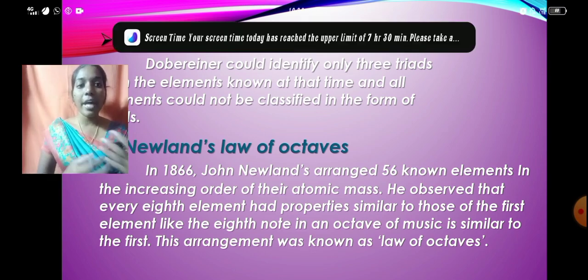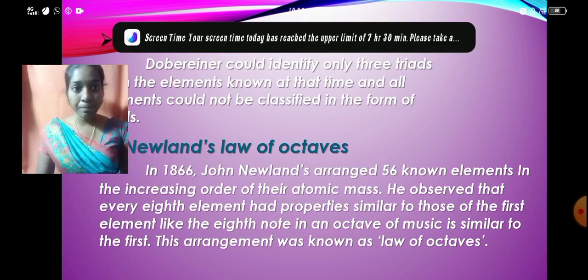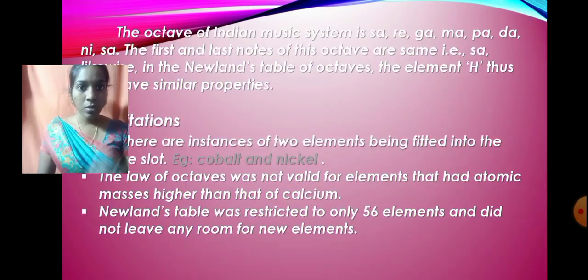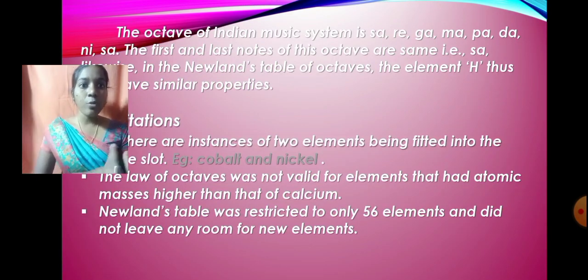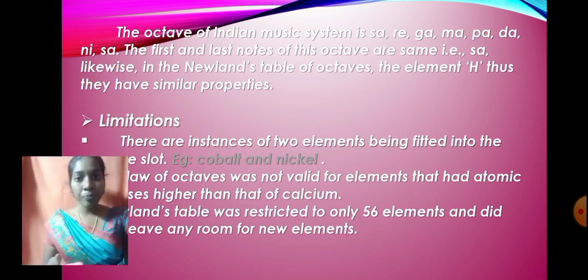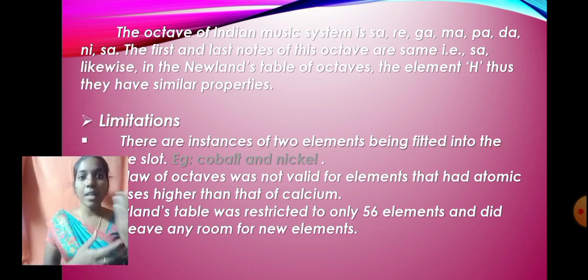The arrangement was known as the law of octaves. The octave of the Indian music system is Sa Ri Ga Ma Pa Da Ni Sa. The first and last notes of this octave are the same. For example, Sa; likewise in Newland's table of octaves, the element H, thus they have similar properties.